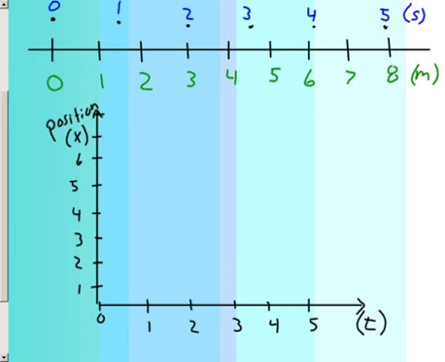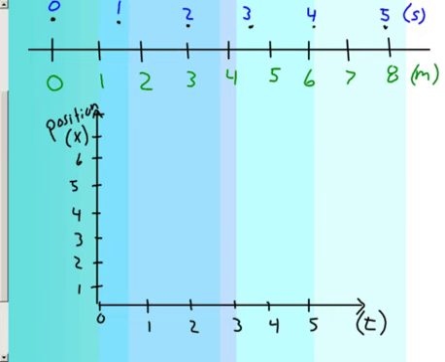Now we're going to put dots on this graph for our motion up there. I'm going to put the dots in blue, I think. At 0 time, what is the position of our person walking? At 0 time, using the blue numbers at the top, what's the position?